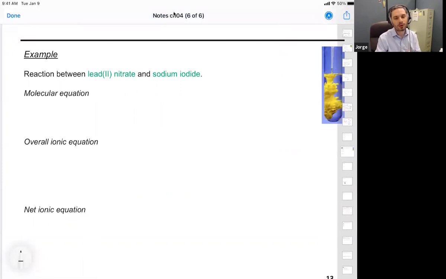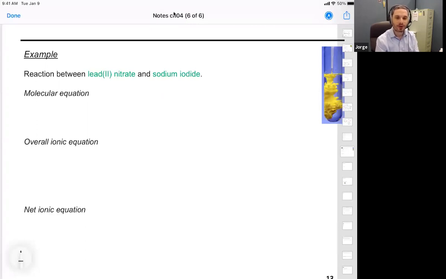Now we are going to take a look at the reactions between salts. A salt can react with another salt, forming different salts. The reaction between salts is also a double displacement reaction. That means the positive part of one salt is going to attract the negative part of the other salt, and vice versa.